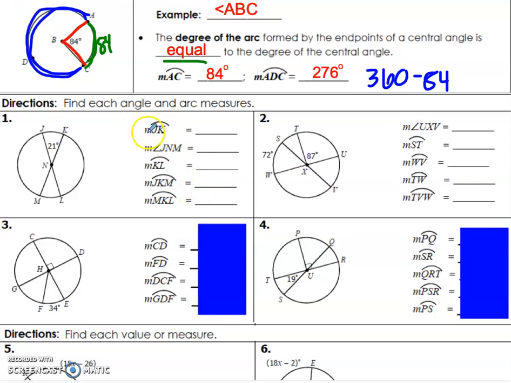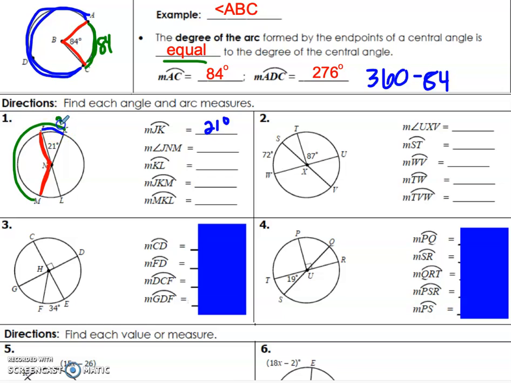Number 1 wants me to find the measure of JK. And so the measure of JK is the same as its central angle, and so that's going to be 21 degrees. Okay. Now the next one wants me to find angle JNM. JNM is this angle here in red. So we're going to use our knowledge of a semicircle to help figure this problem out.